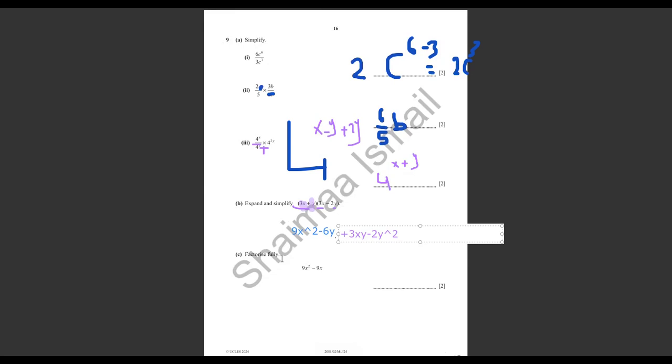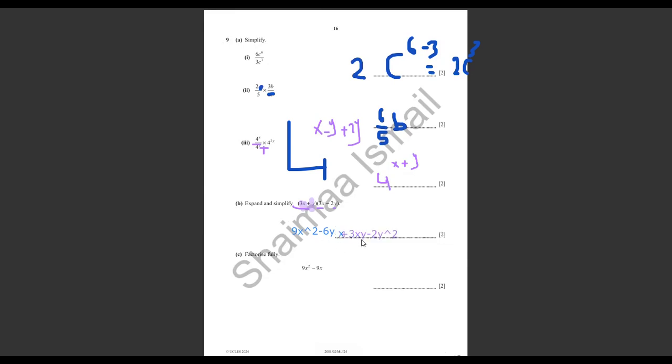Okay, let's merge the like terms. Here we have minus 6xy, or yx. We have here more x, so xy.